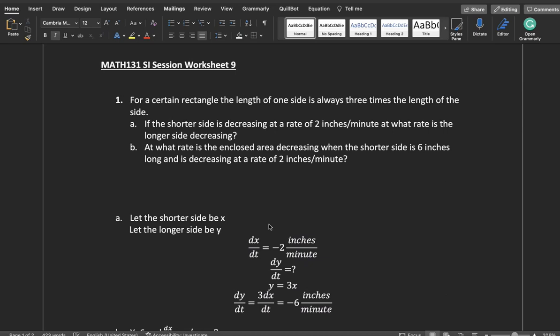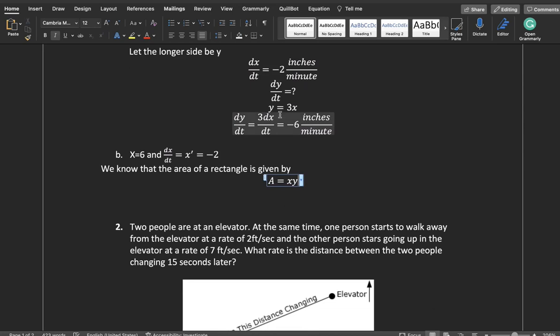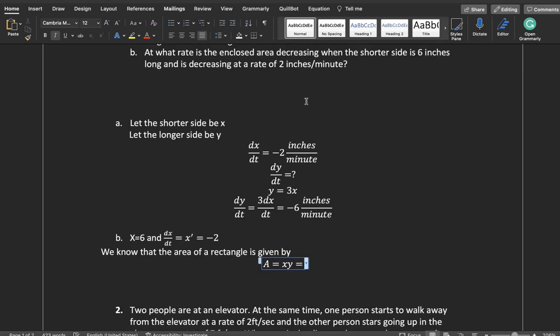But remember that from sub question A, we're given that y is equal to 3x. So y is 3 times the size of x, okay? Then this is basically equal to 3x squared.